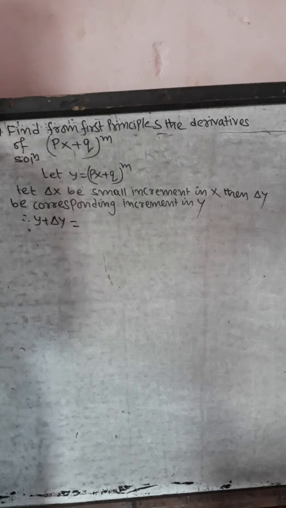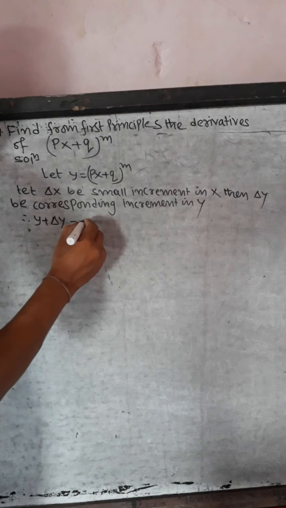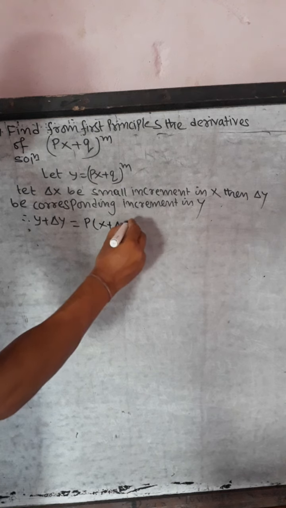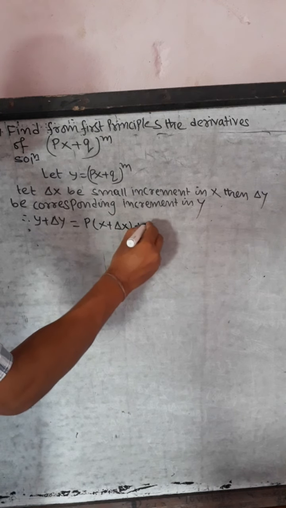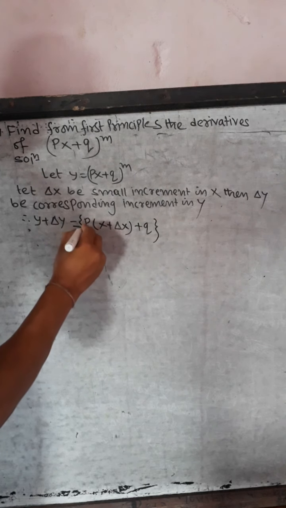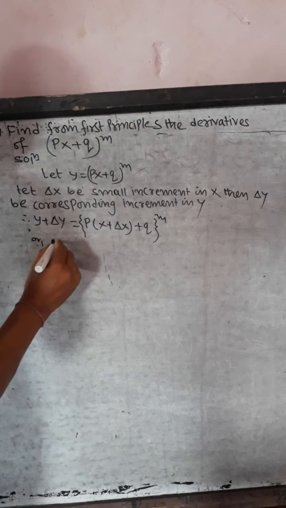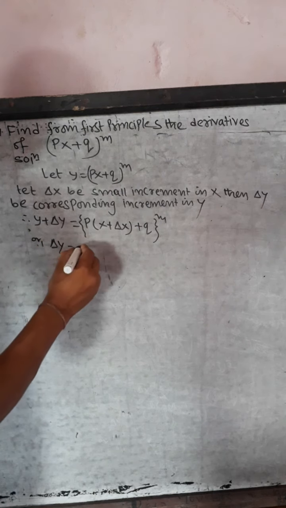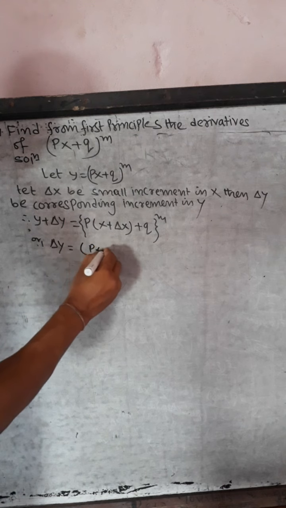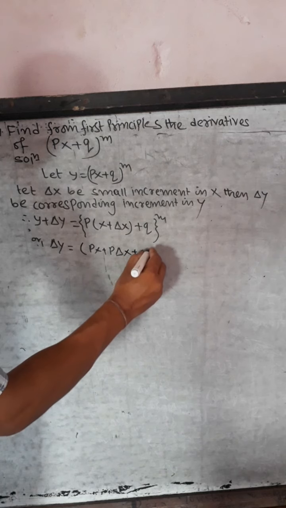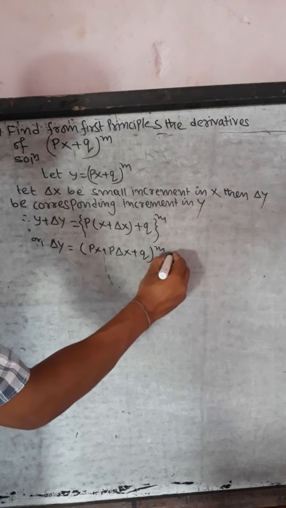Del y is equal to (p(x + del x) + q) to the power n minus y.